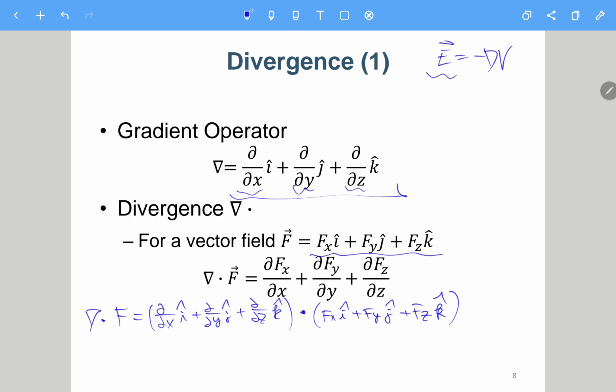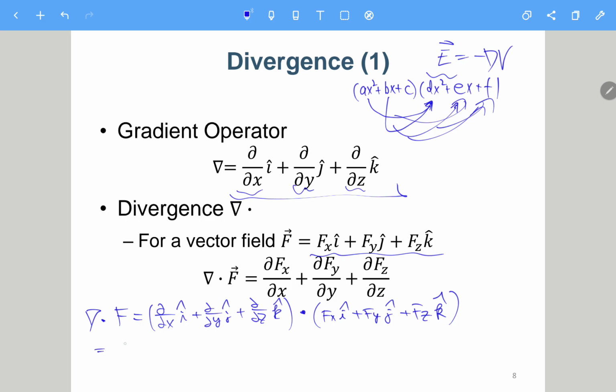It is like a simple product you need to distribute, something you should have learned in high school, like ax squared plus bx plus c times dx squared plus ex plus f. You distribute ax squared to multiply this one, and also this one, to form three terms, and then bx is multiplied to dx squared, ex, and f. So altogether you will have nine terms, as in this one.